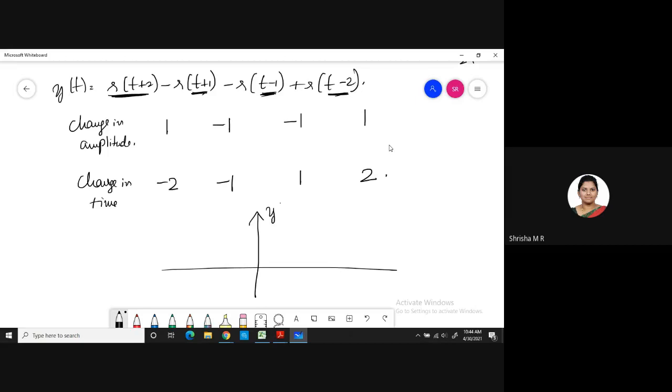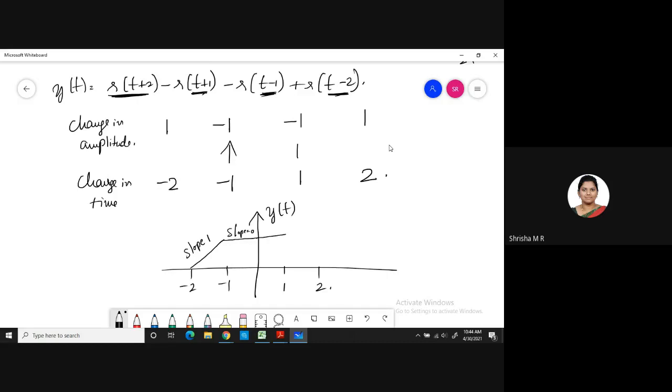You have y of t. So my signal is from minus 2 to plus 2. At minus 2, what is the slope? It is 1. At minus 1, again you have minus 1, so 1 minus 1 is 0. Slope will be 0, and till 1 it's the same.